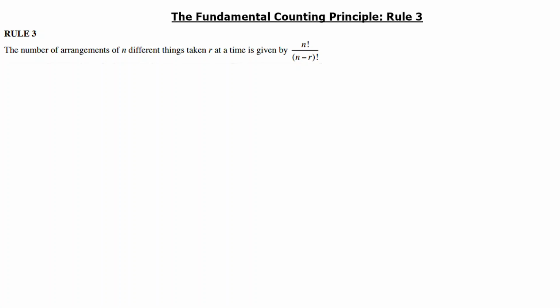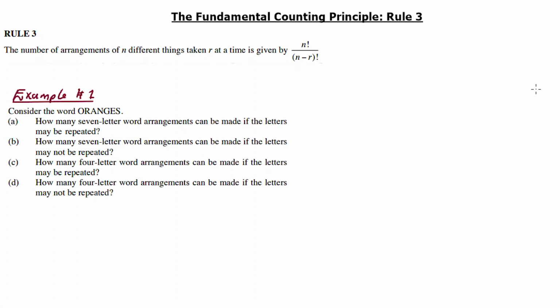We demonstrate this rule using this example. Consider the word oranges. A. How many 7-letter word arrangements can be made if the letters may be repeated? Now, this is a mixture of the rules, but rule number 3 is there somewhere.